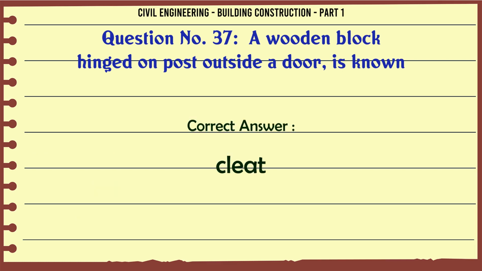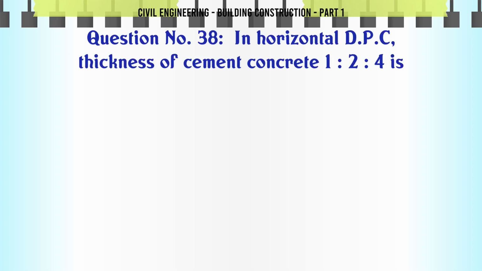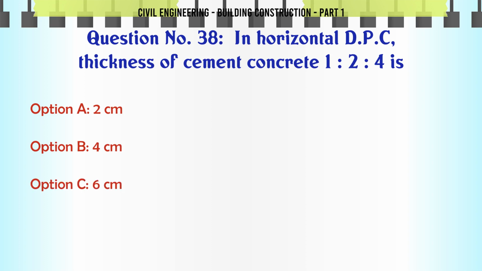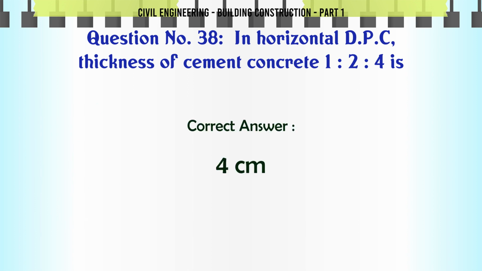The correct answer is cleat. In horizontal DPC, thickness of cement concrete 1:2:4 is A, 2 centimeters, B, 4 centimeters, C, 6 centimeters, D, 8 centimeters. The correct answer is 4 centimeters.